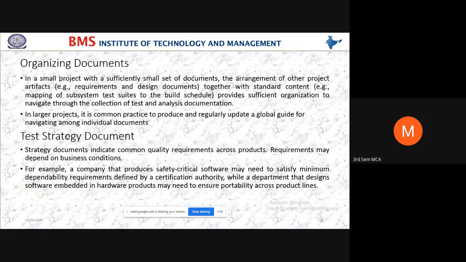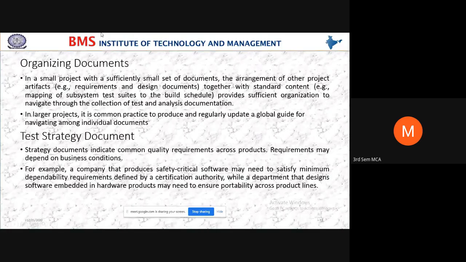Correct, students? The documentation is very much important, and for documentation, predefined rules will be there, a standard format and standard content. We have to follow that standard format, and whatever contents are listed, everything related to your project, we have to include.